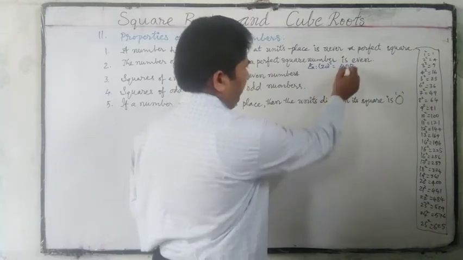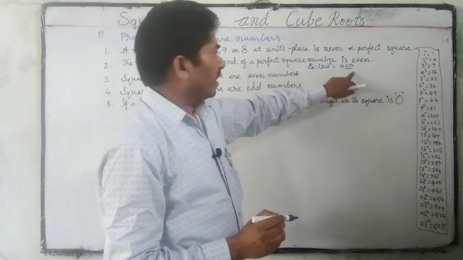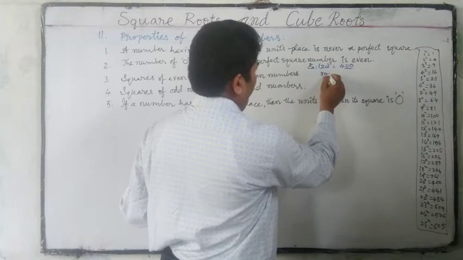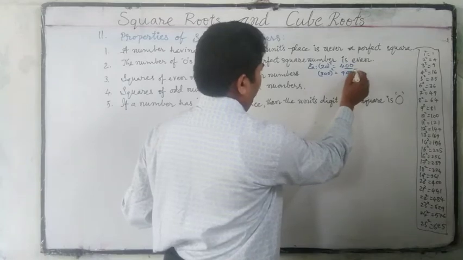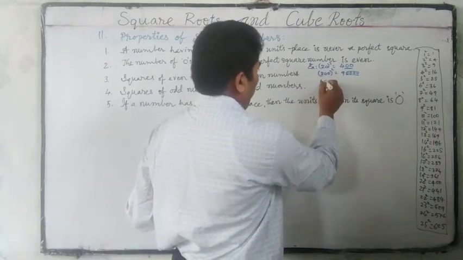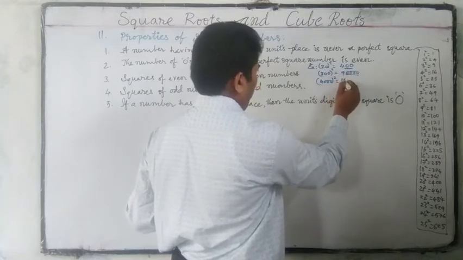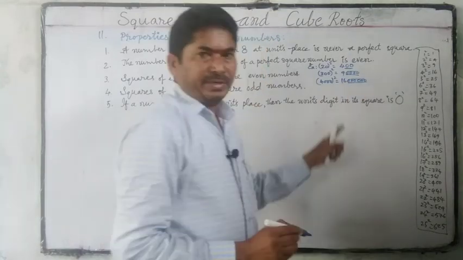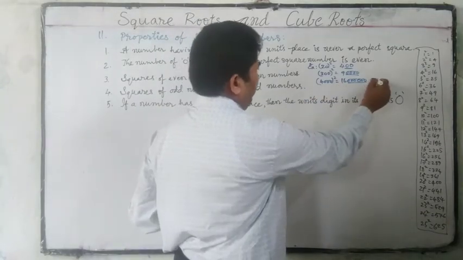So these are even zeros, an even number of zeros in a square number. 30 squared is 900, 3 3s are 9, after that we keep 2 zeros. 300 squared is 90,000, 3 3s are 9, after that we keep 4 zeros, so an even number of zeros. 4,000 squared, 4 4s are 16, after that we have to keep 6 zeros, so an even number of zeros in the square, and so on.